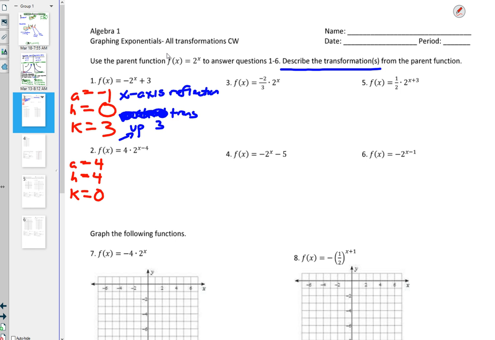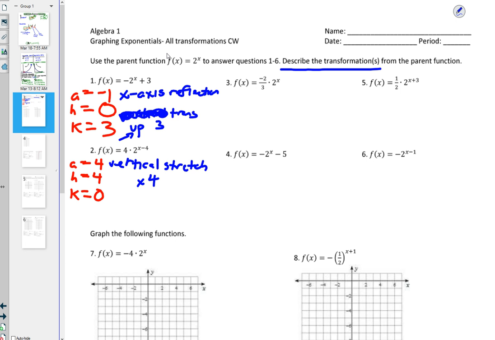So let's name that transformation. Caleb, you're having a slack day today, man. Let's pick it up. Tell me what transformations are going on there. Good. Vertical stretch by a factor of 4. Sometimes people put vertical stretch times 4. That's fine.